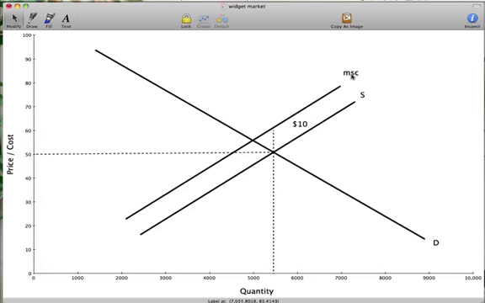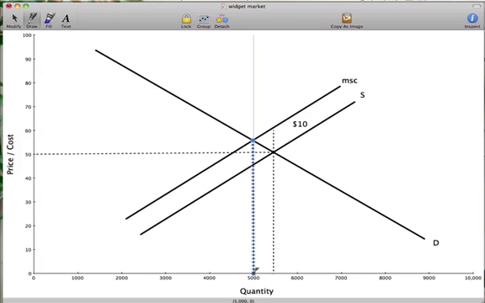So we have our marginal social cost curve. If we can get people to internalize that external cost, then we see that the quantity produced in the market will decrease to 5,000. So we can fix the problem of overproduction.